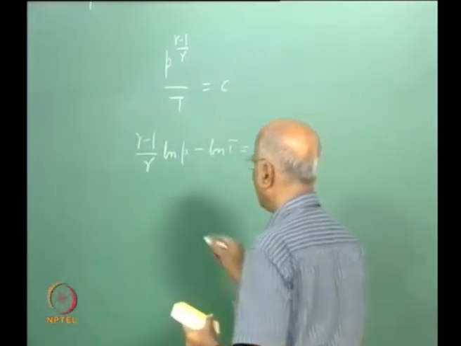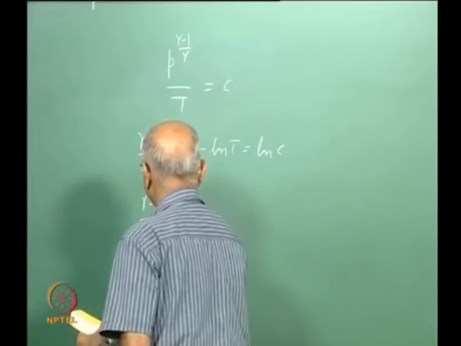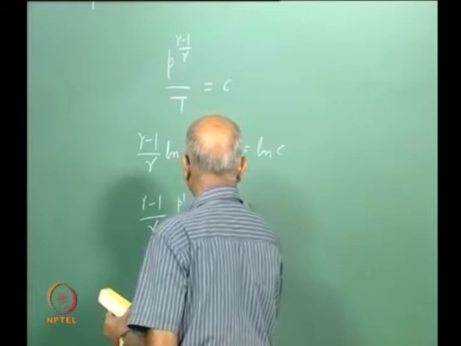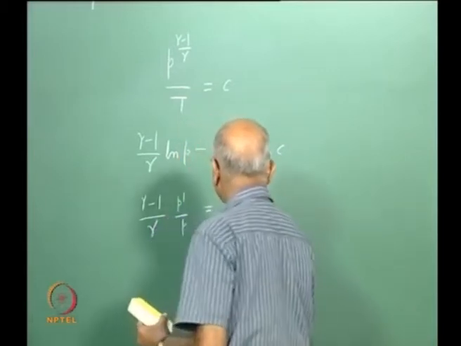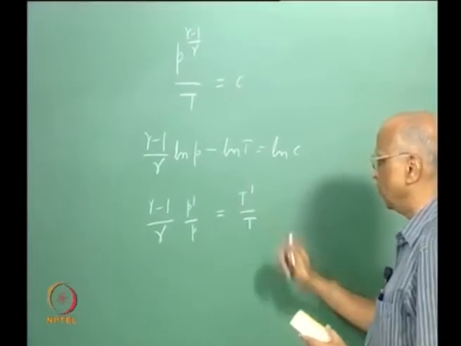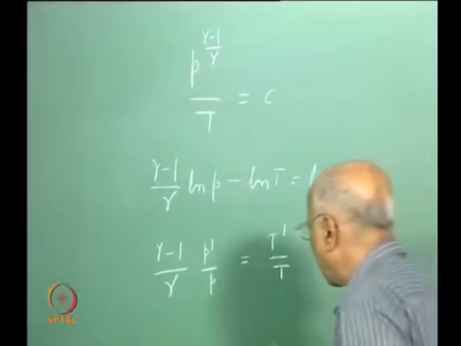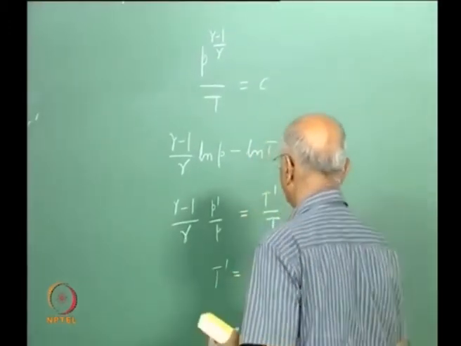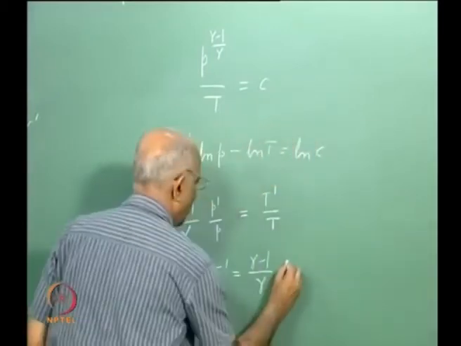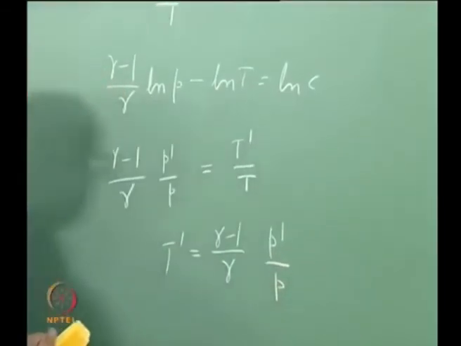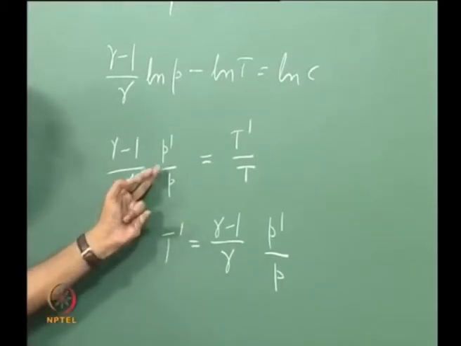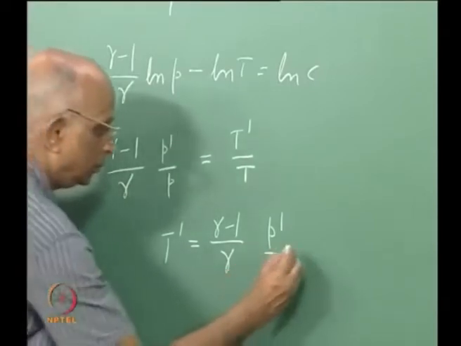I differentiate it, I get gamma minus 1 by gamma into P prime divided by P is equal to T prime divided by T. Ln C is a constant, this is dT by T, dT is T prime, the perturbation, this is the usual value, and therefore now I get T prime is equal to gamma minus 1 divided by gamma into P prime divided by P into T.